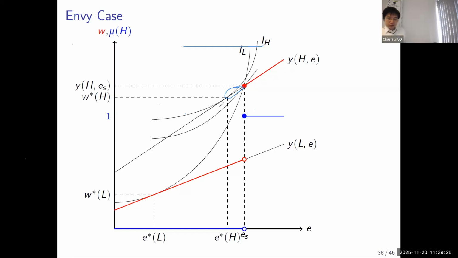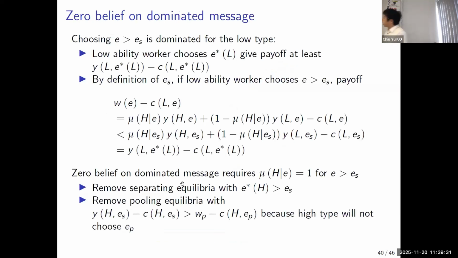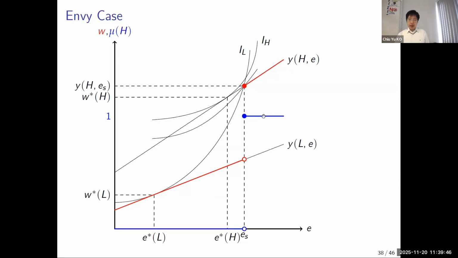So that's why what we do is just to kill all the equilibria, okay, such that you require them to do more than this. Okay, because although I show you the best case scenario, you can imagine your separating equilibrium can be up to here and go to here.